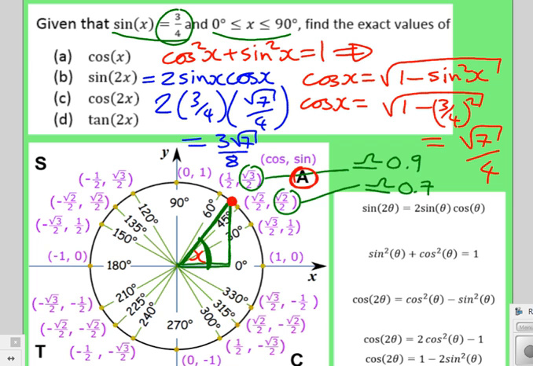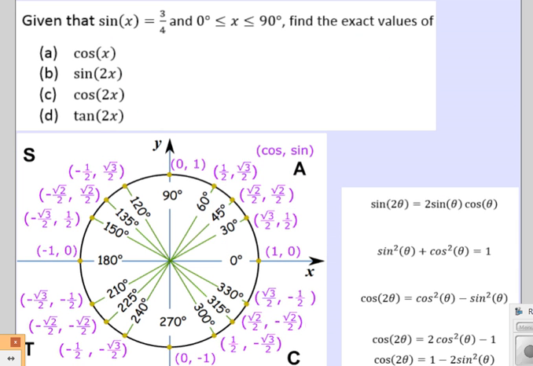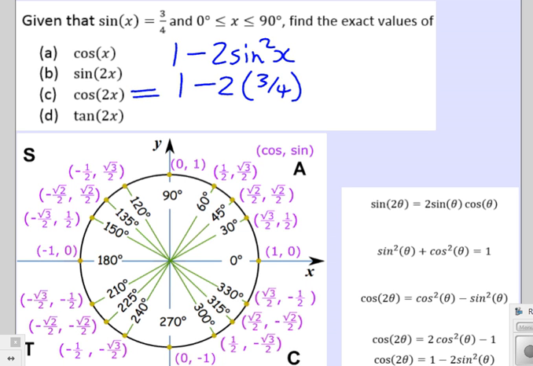Okay, let's take it on to the next page because we've run out of room there. Now, cosine 2x. Well, the quickest way to do that is to use the identity we saw earlier. Indeed, it's a safe way to do it because we're given the 3 over 4. And when you develop that and do the numbers, you'll get minus 1 over 8.